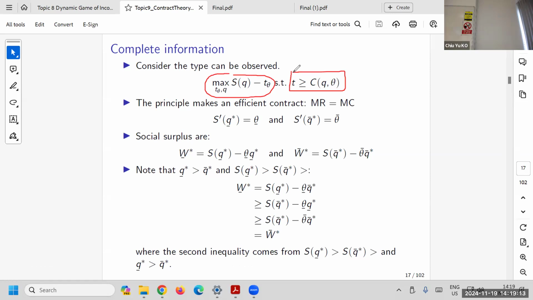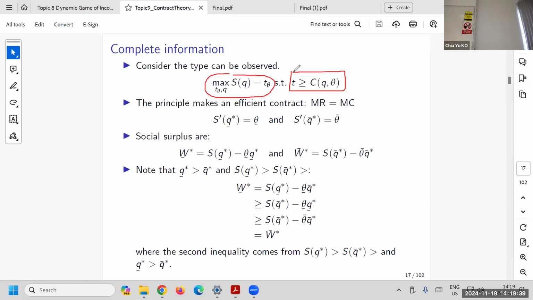If I can observe the type, then the principal can offer a contract that is type dependent. It's very simple. If you're the low type, the marginal payment is the same as the marginal cost, MR equal to MC, so P equal to MC. That will be efficient.